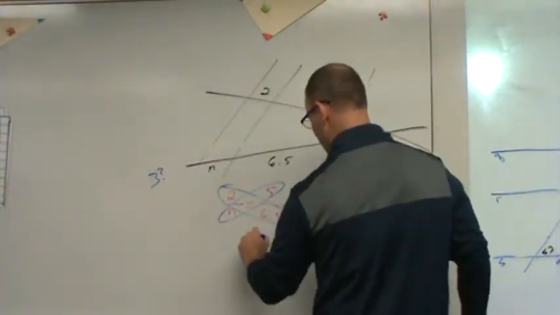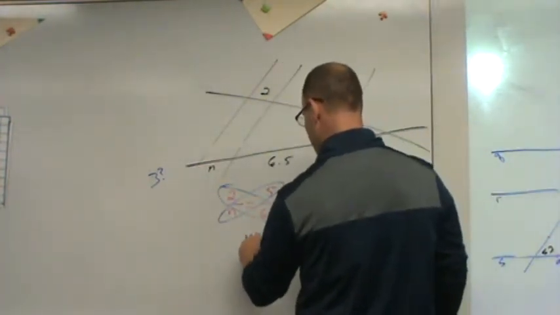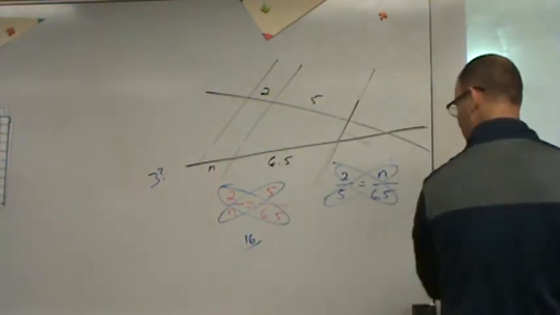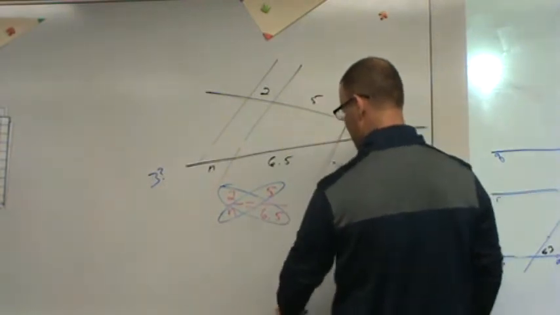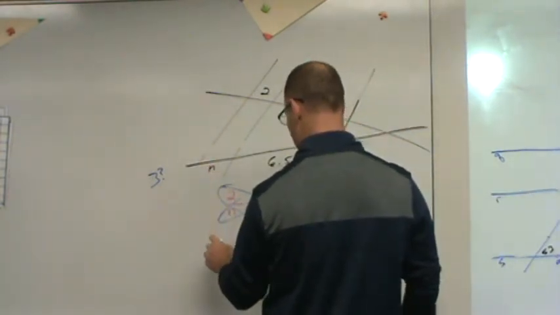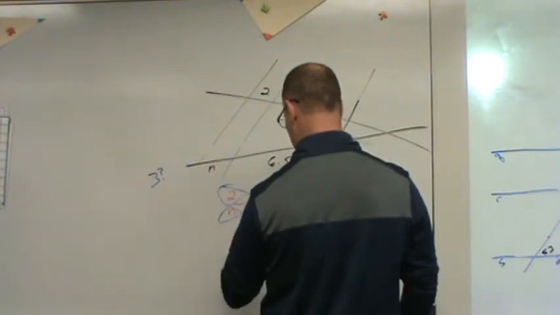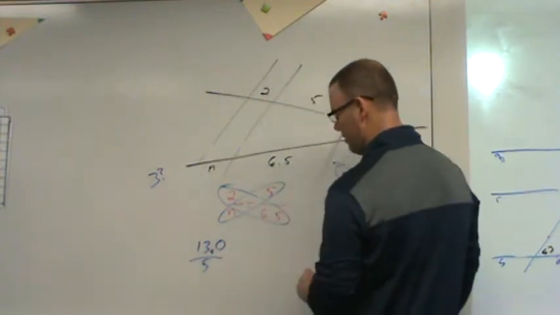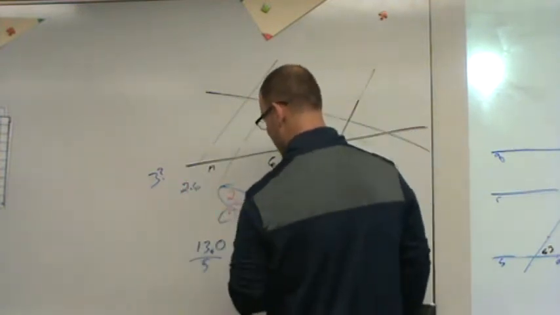If you do the work here, you get, I believe, 16, or was that a different one? That was the last one, which is number 10, I believe. You get 16 over 3. This is 5 times 2 is 10, 12, 13. So that's 13 divided by 5, which gives me 2.6.